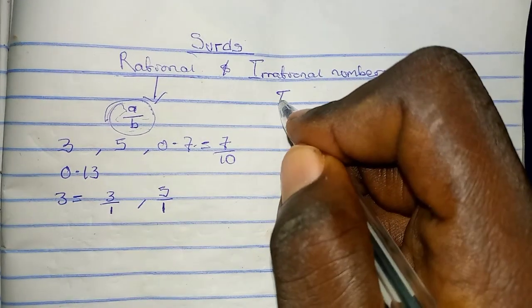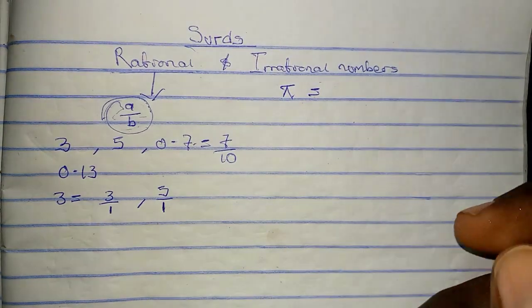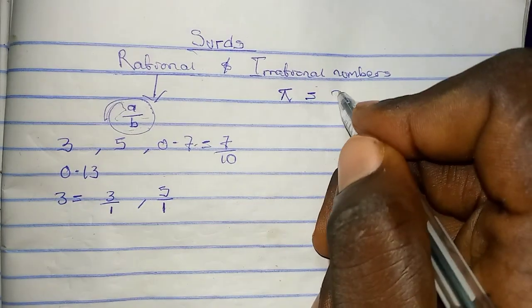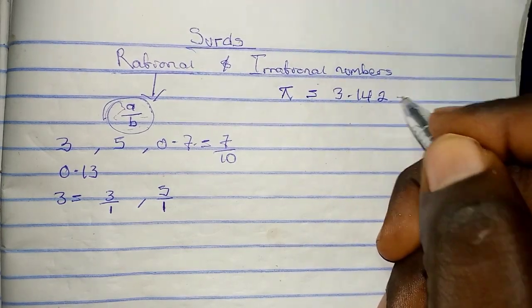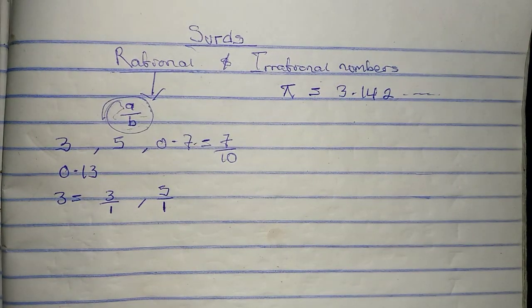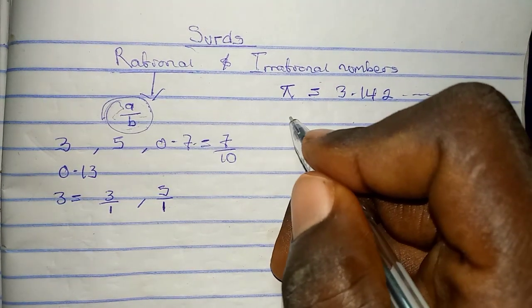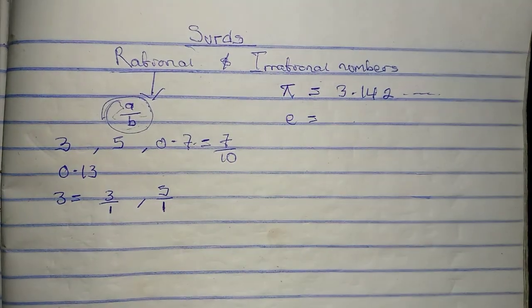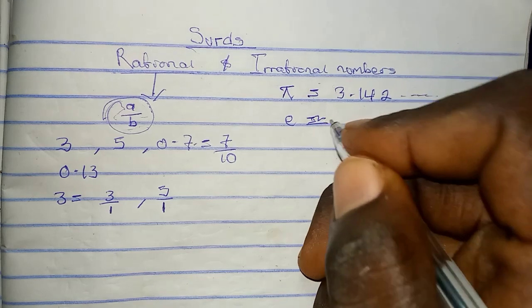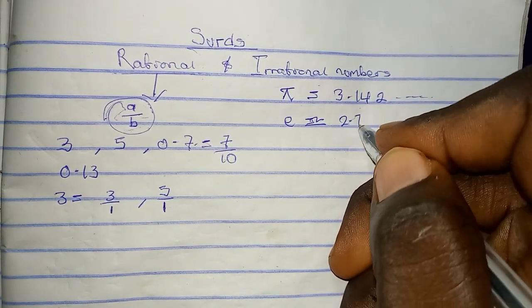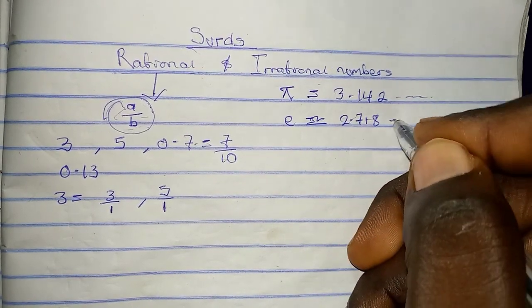An example is pi. Don't forget, we can only approximate pi as 3.142 and so on, because it has no end. And also e, which we can approximate as 2.718 and so on.